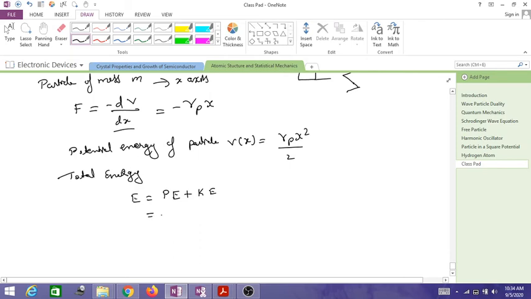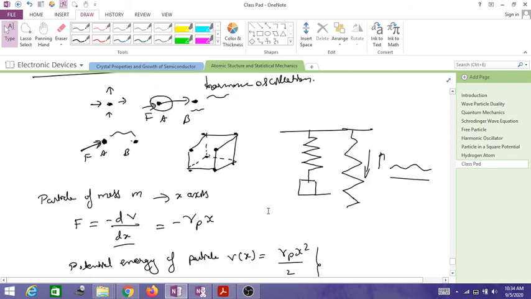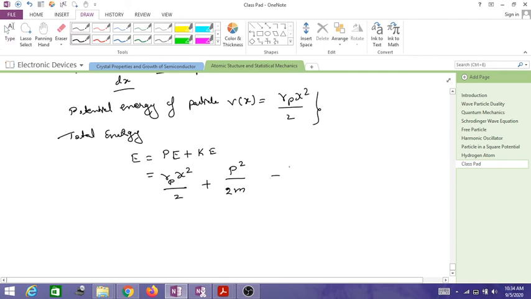So substituting here, it is gamma p x square by 2 plus the kinetic energy, which we know from the Schrodinger wave equation is p square by 2m. Let me call this equation number 13.